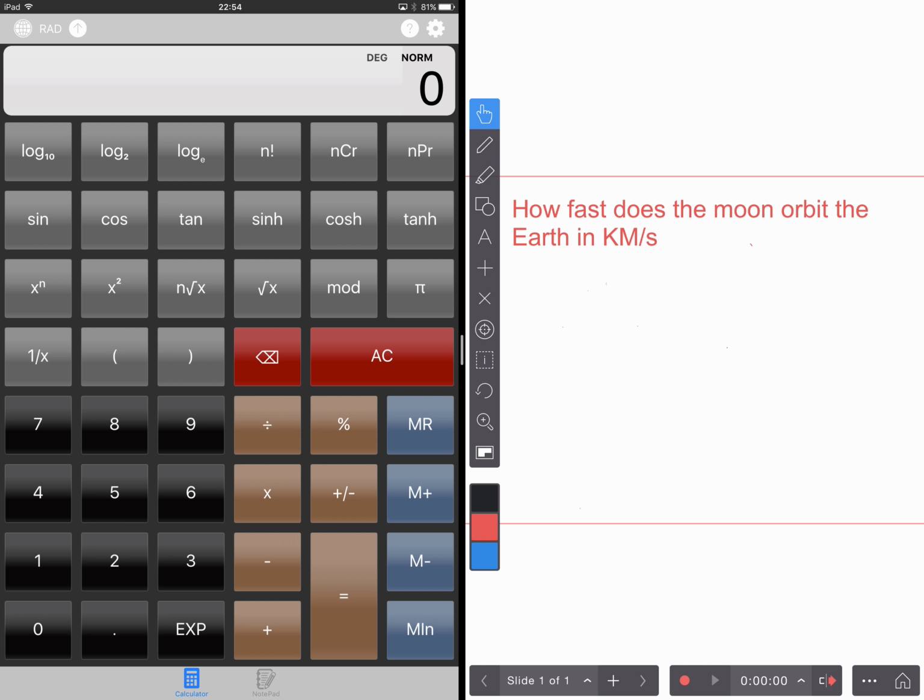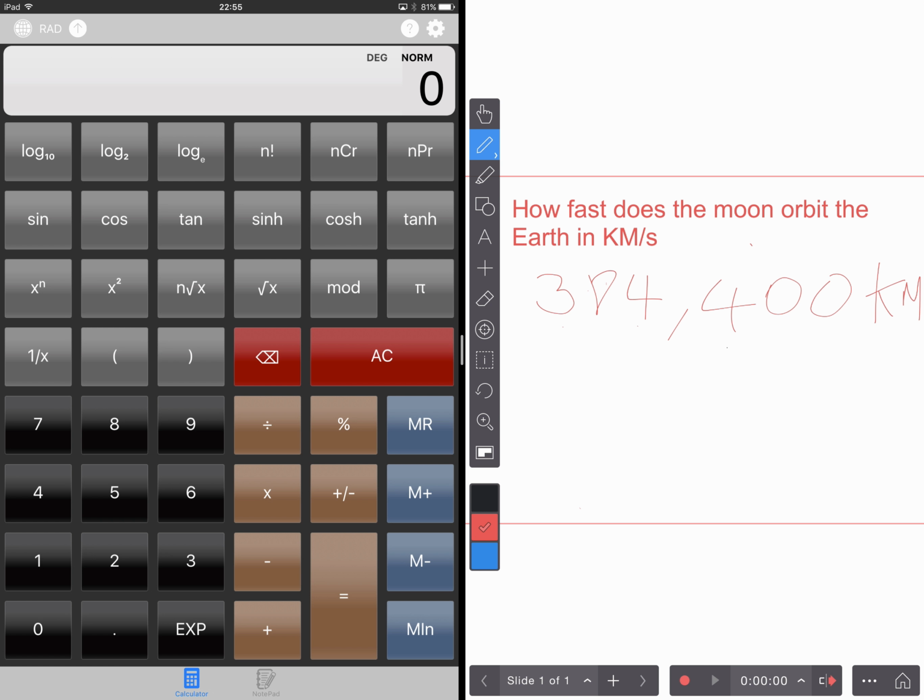The essential information that we need is the distance from the Earth to the moon, which is 384,400 kilometers.